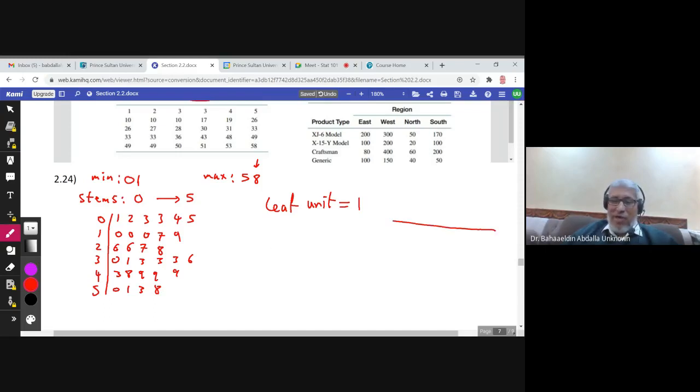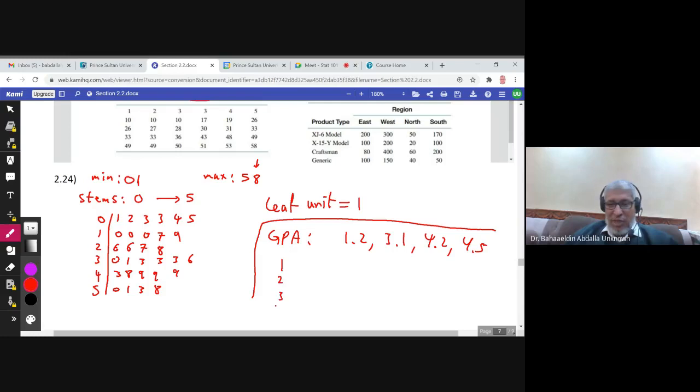While, for example, if we talk about GPAs, for example 1.2, 2.3, 3.1, 4.2, 4.5, the stems here would be 1, 2, 3, 4, and the leaves would be 2, 3, 1, 2 and 5.